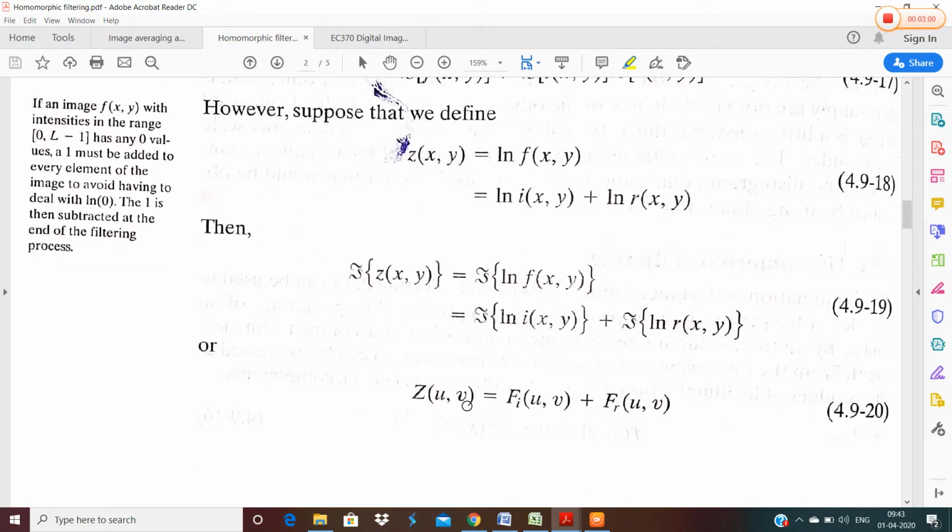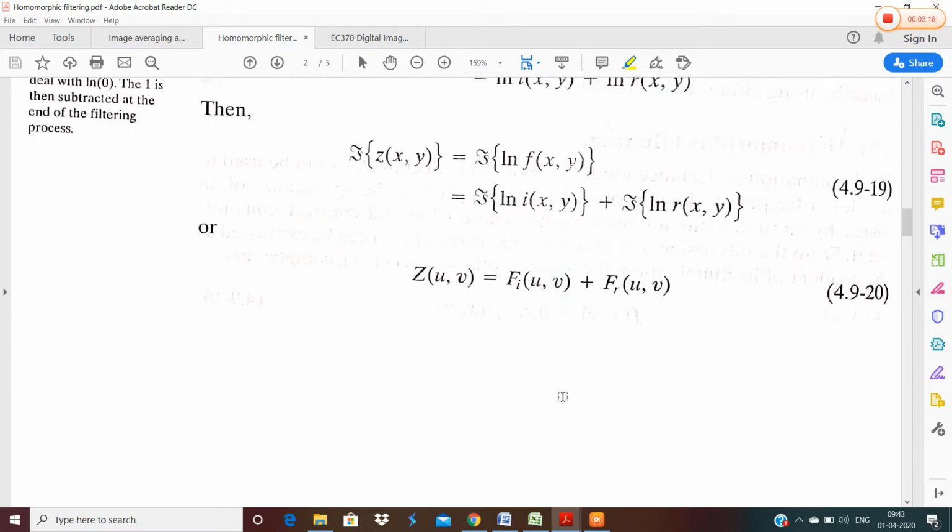We represent the new equation as Z of u,v, which is the Fourier transform of z, and Fi of u,v is the Fourier transform of the natural logarithm of i. Fr is the Fourier transform of the natural logarithm of r, that is the reflectance.